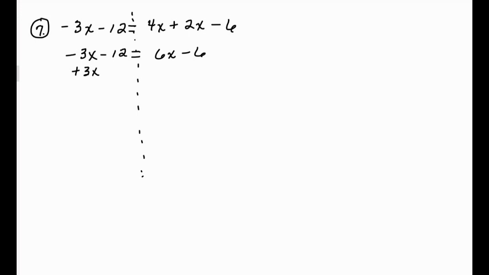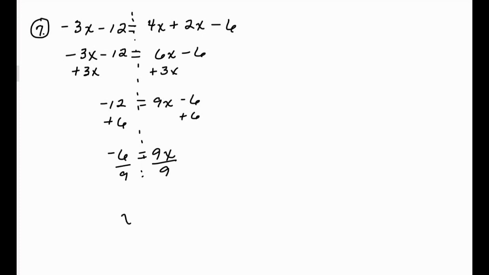So I'm going to get rid of that negative 3x, do the inverse. So you're going to add 3x. So I get negative 12 equals 9x minus 6. Then you're going to add 6 to both sides of the equation, and then divide both sides of the equation by 9. So x is going to equal negative 6/9, and that will simplify to negative 2/3.